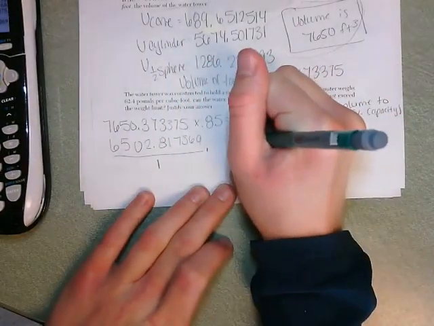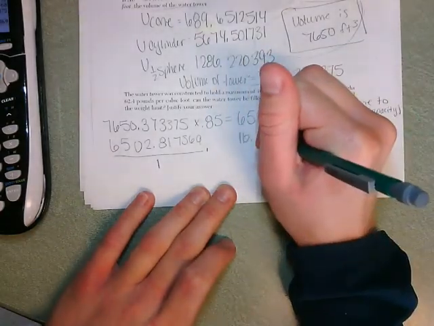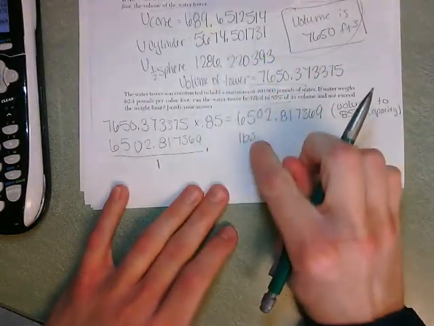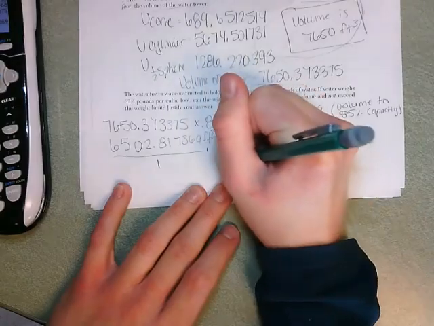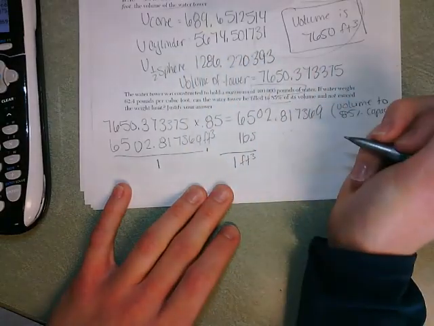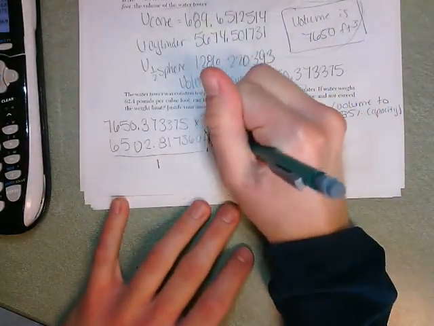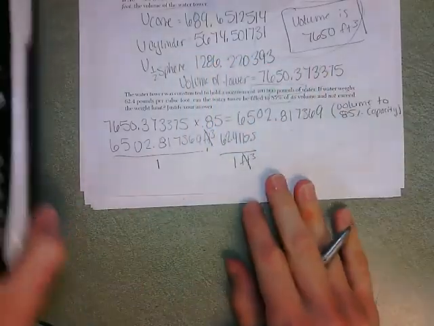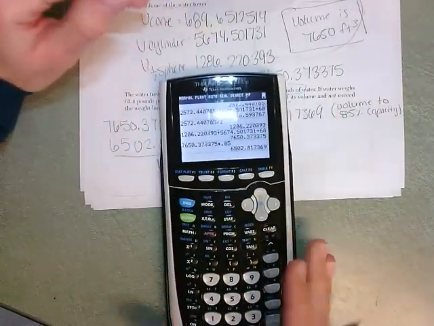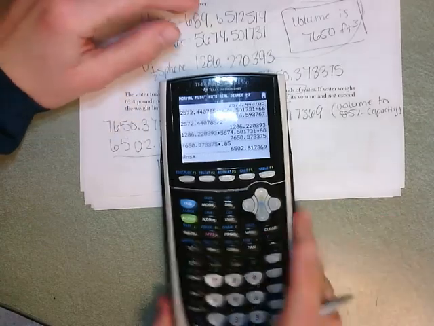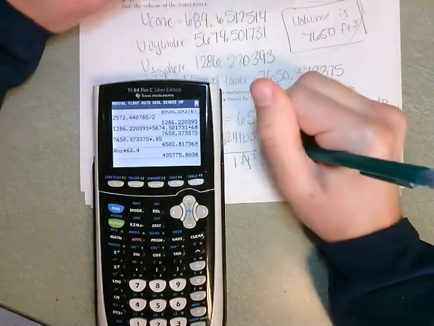There are 62.4 pounds per cubic foot. We want our answer in pounds, so we put pounds on top and cubic feet on the bottom, because we want those crossed off. So we take our volume at 85% capacity and multiply it by 62.4.